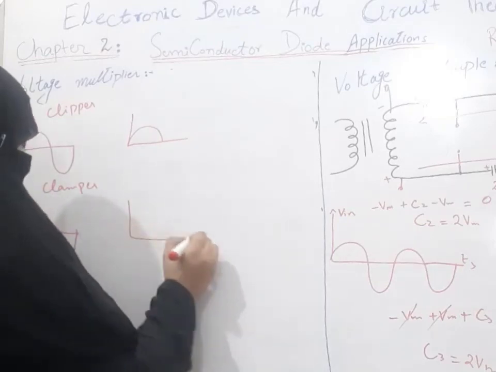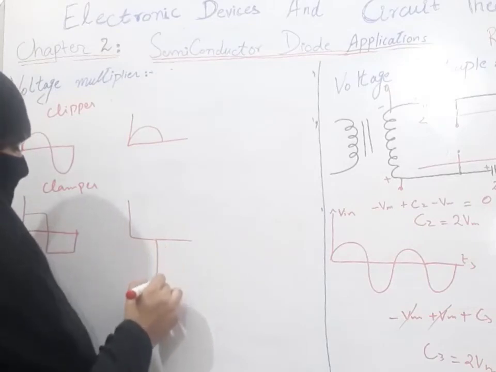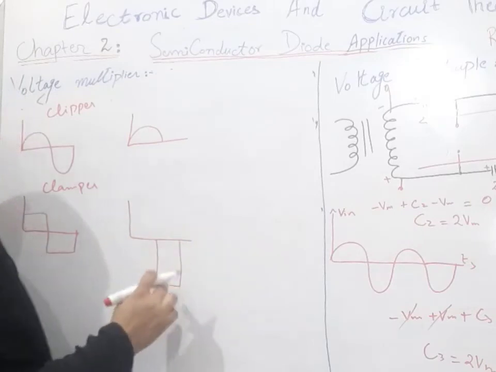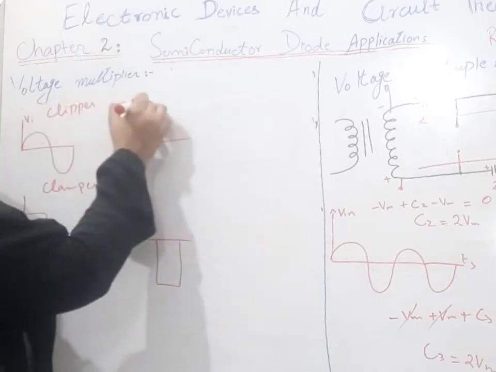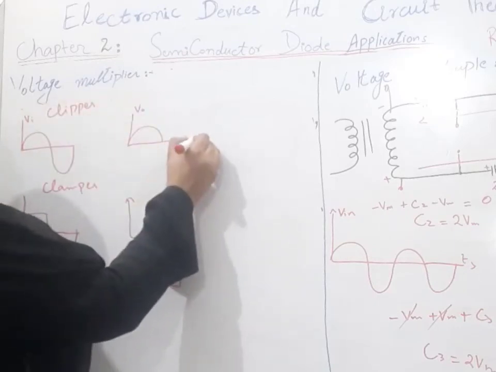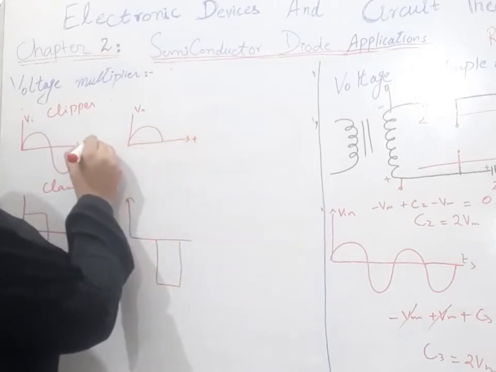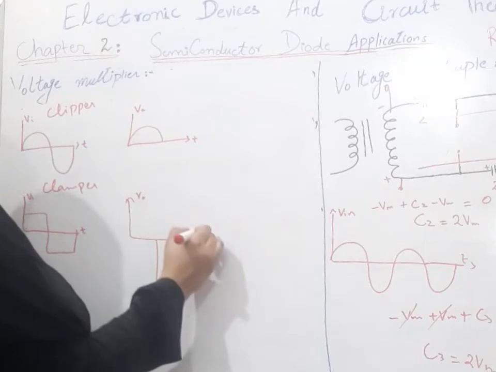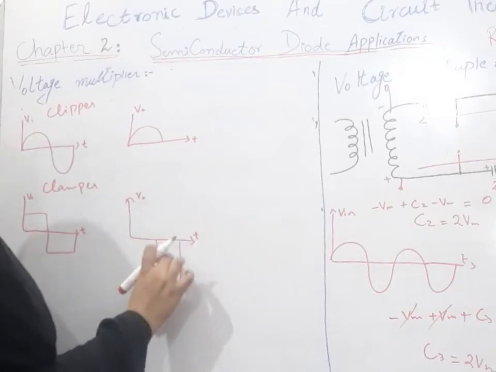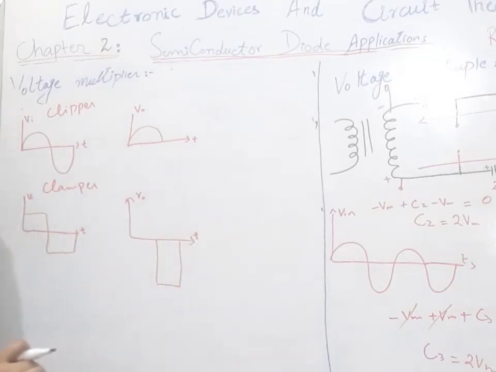So our output signal will be like this, and it is called the negative clamper signal. As this is clamped in the negative direction, it is called the negative clamper.